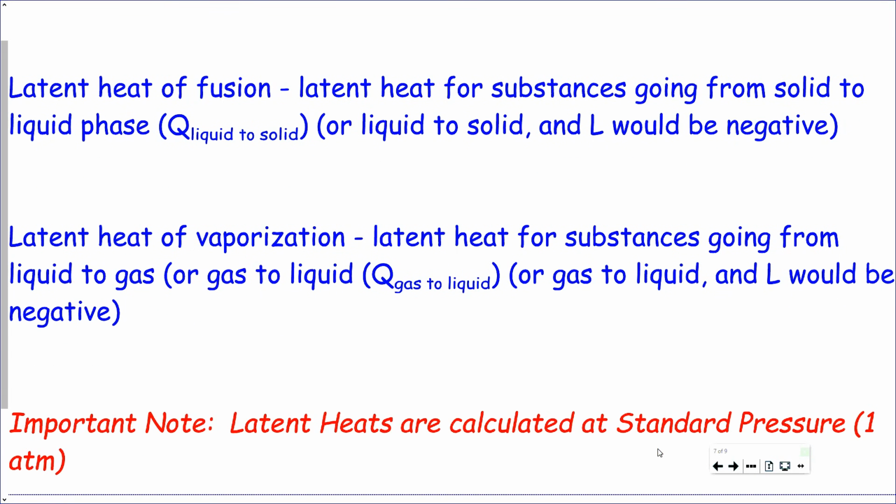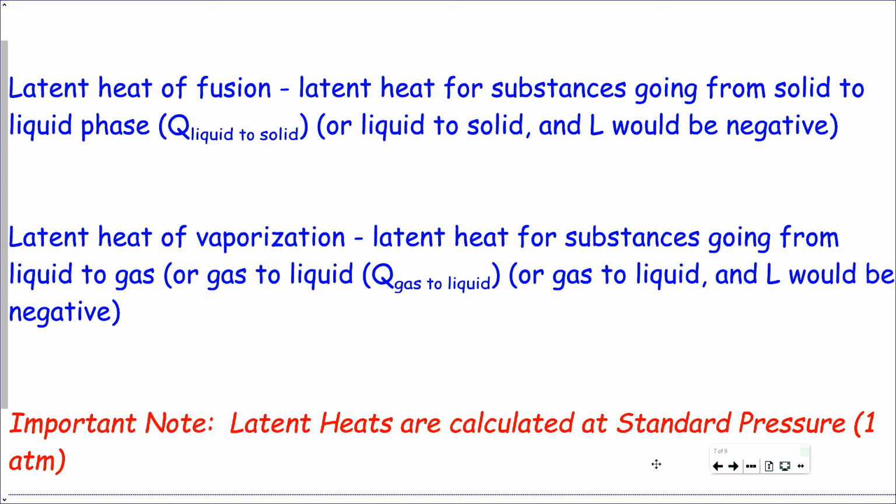So again, here are these definitions of heat of fusion. Remember, fusion isn't bringing together in this case. Fusion means changing from a liquid to a solid or a solid to a liquid. And if I'm going from a liquid to a solid, my latent heat of freezing would be negative. Latent heat of vaporization is going from a liquid to a gas, or the latent heat of condensation is going from gas to a liquid.